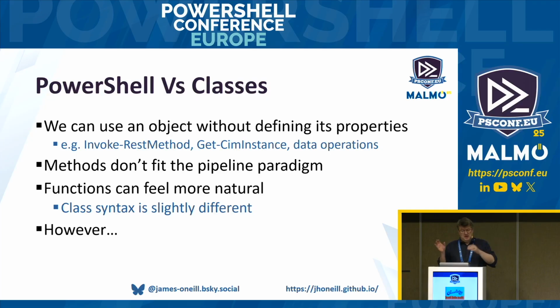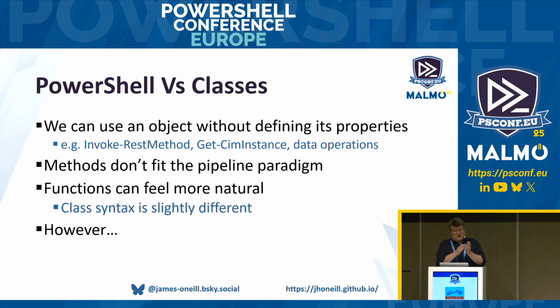And methods on objects, they make sense sometimes. But with PowerShell, we're very used to saying we get a bunch of things and we send it down the pipeline to do stuff with it. So we don't say get an array of objects and then for each one call the so-and-so method. We typically say get an array of objects and pipe them into something.